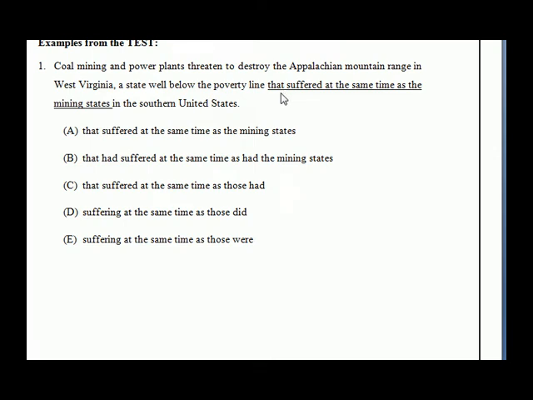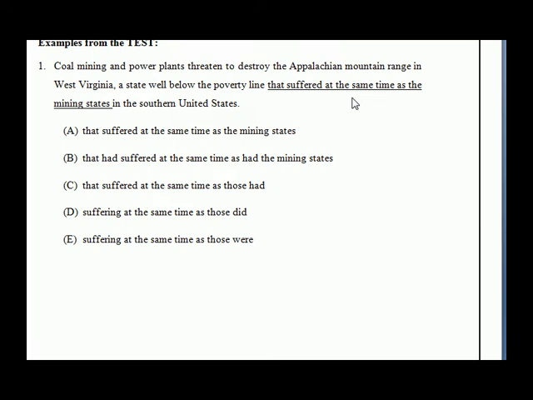The word suffered, had suffered, suffering, etc. in the answer choices should alert you to the existence of a possible tense error in the given sentence. The phrase at the same time here refers to a specific time period in the past, and the use of the simple past tense suffered is therefore appropriate. So this sentence seems to hang together just fine and does not seem to have any error.